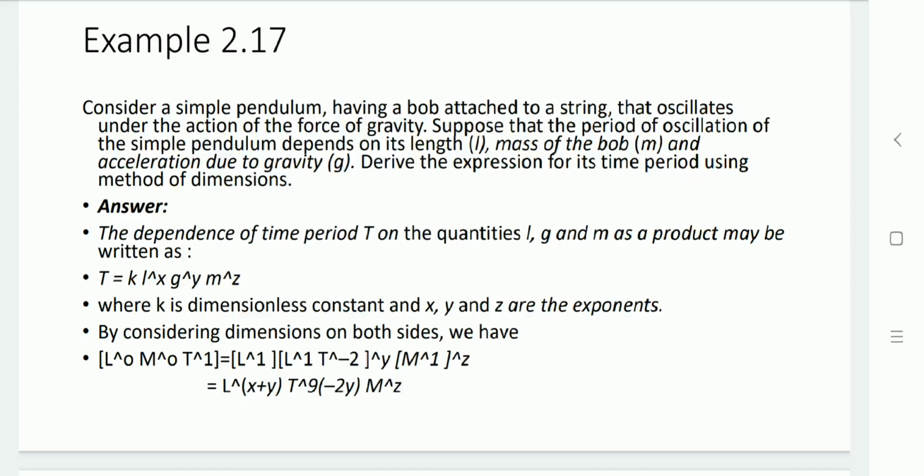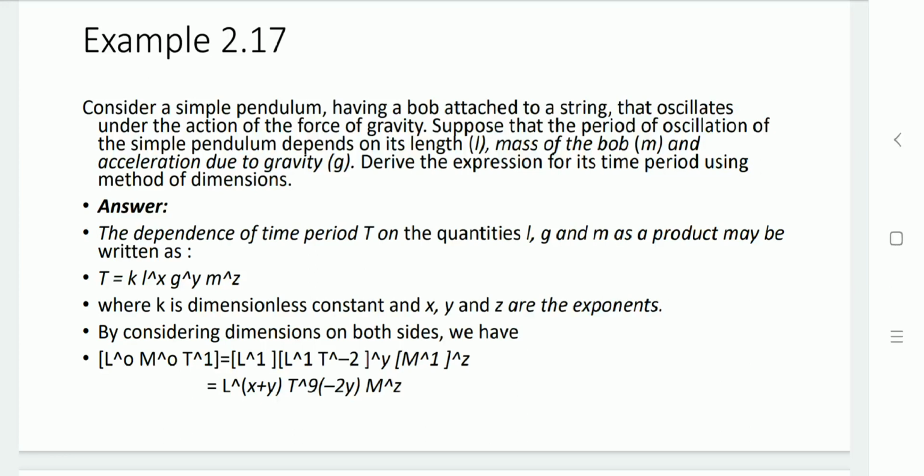Now, time period T depends on L, length, g, the acceleration due to gravity, and mass of the bob.